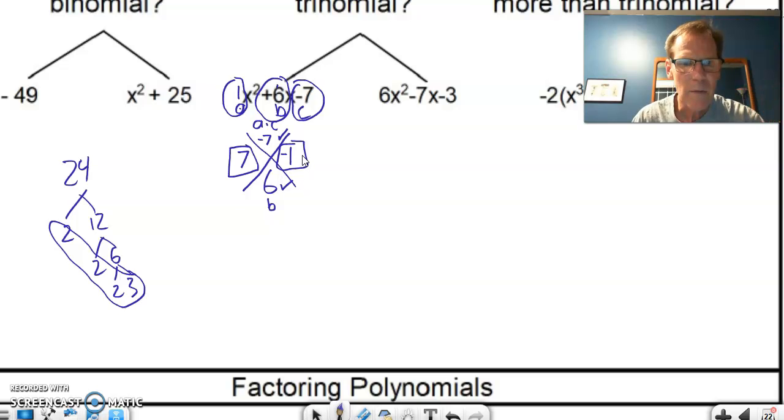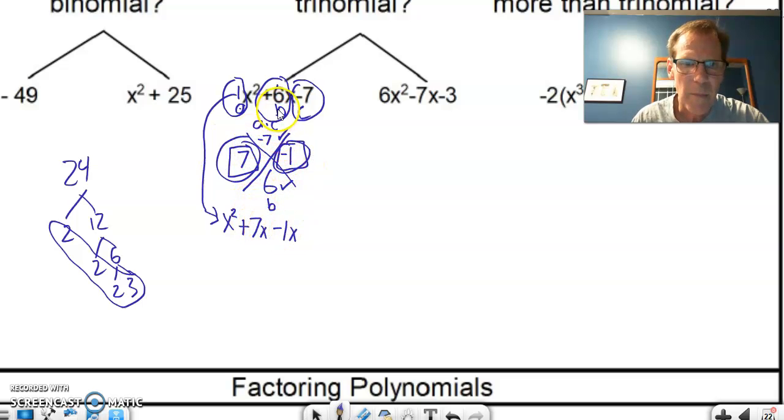So now what are we going to do with those? Well, we're going to rewrite our original expression, x squared, but when we get to the B, or the middle term here, we're going to change it. Instead of plus 6x, we're going to use these two numbers we just came out with. We're going to go plus 7x and minus 1x. Do you see how we used the 7 and the negative 1?